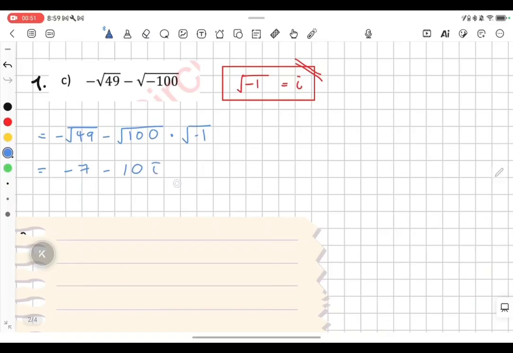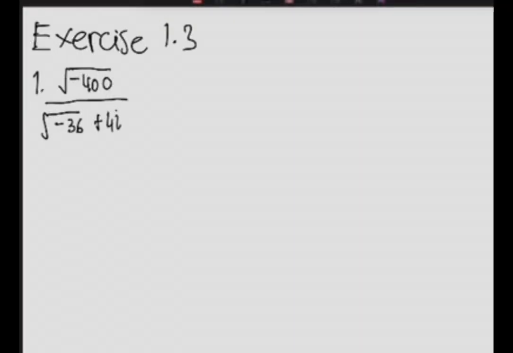So for this question we have root -400 over root -36 plus 4i. First of all we should know that root -400 is root -1 times root 400, and the same goes for root -36, root -1 times root 36, then plus 4i.